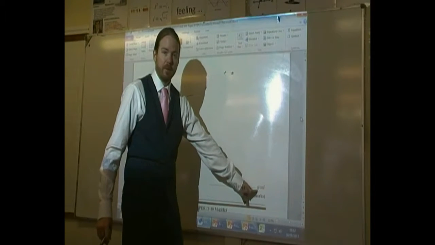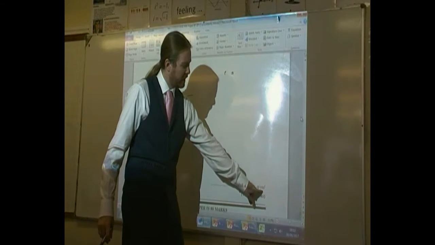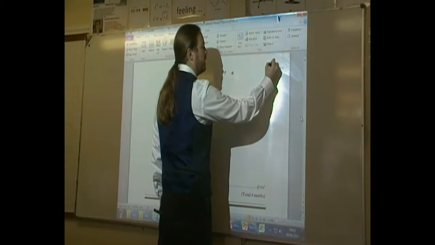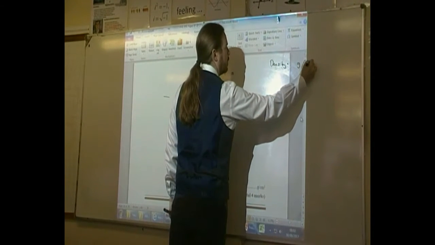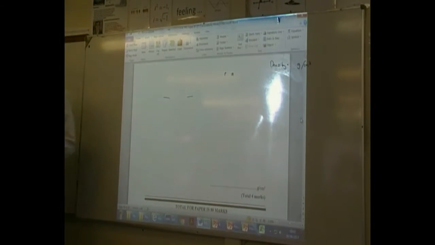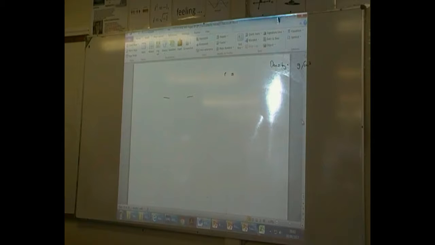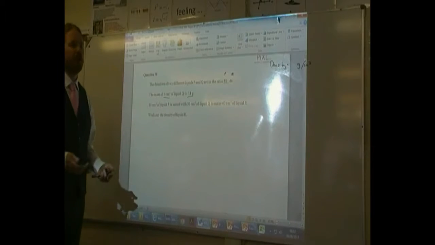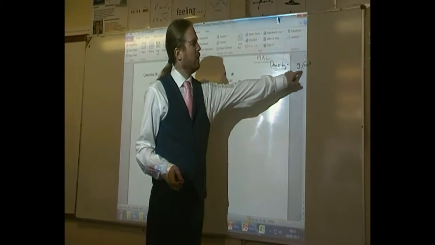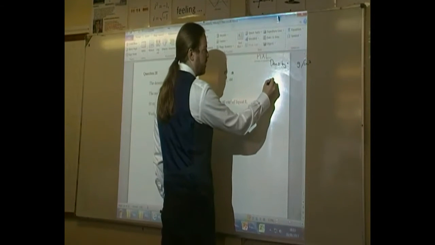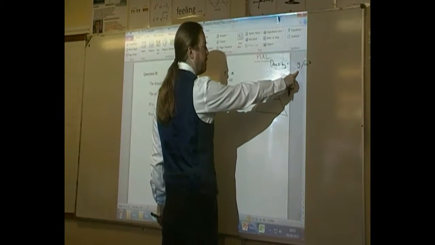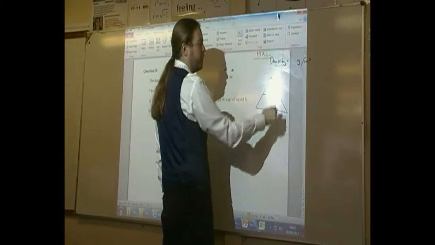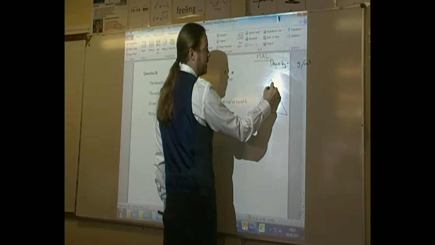Density, grams over centimetre cubed. So I'm just going to write that down. Why is that relevant? Well, we don't have units for no reason at all. They serve a purpose, and that is they tell you what that number represents. Grams over centimetre cubed. So if I think about my density triangle, I know that my mass is going to have to be on top for it to be grams divided by centimetres cubed.